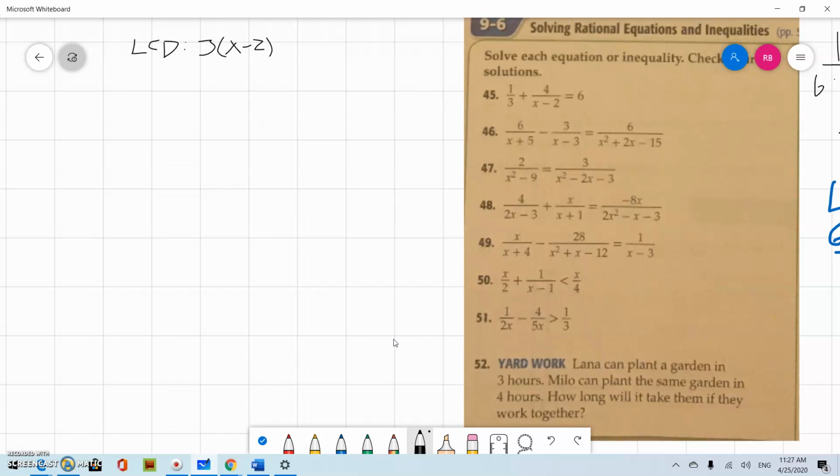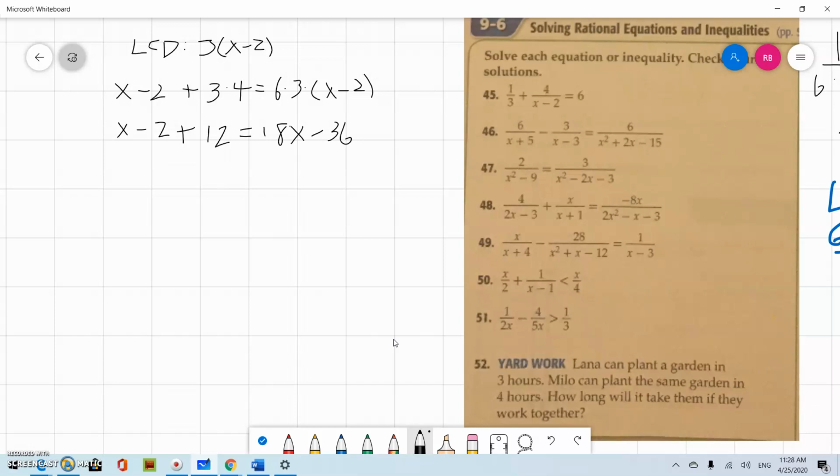So basically, I'm multiplying that to everything. 3 times 4, and then 6 times 3 times x minus 2. So then I distribute everything. So that's 12, 18x minus 36, because 6 times 3 is 18.